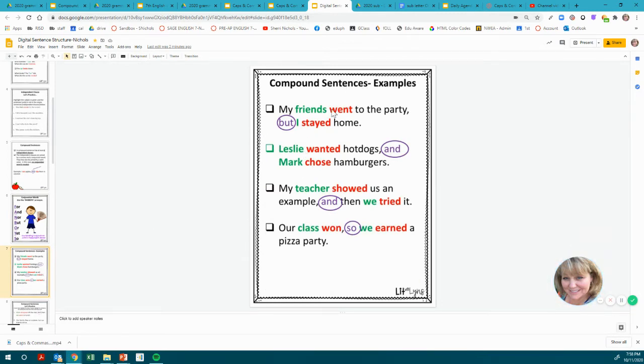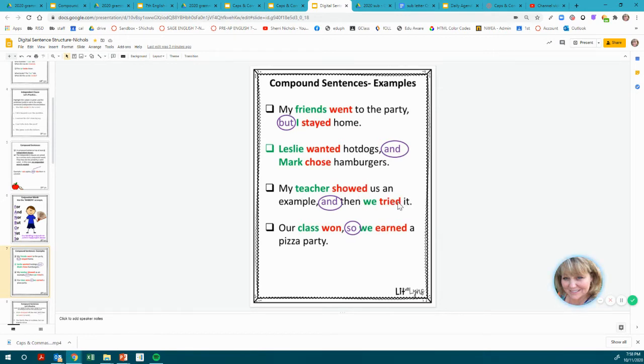Compound sentences. For example: my best friend went to the party. That is a complete sentence. Friend would be our subject. Went is our verb. Comma, but I stayed home. So we have I stayed home as an independent clause also. And we joined it with a comma and a FANBOY. Leslie wanted hot dogs, comma, and Mark chose hamburgers.